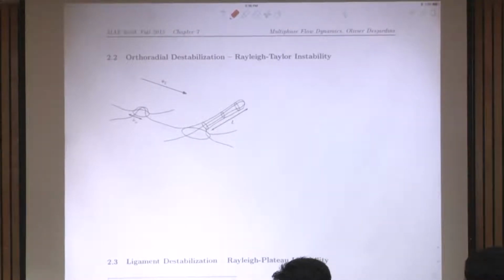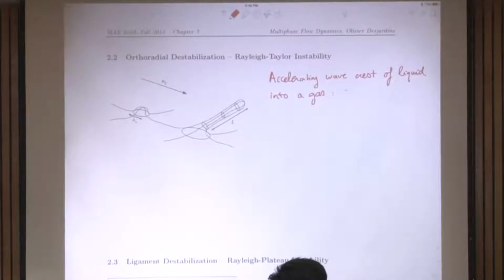You're accelerating a wave crest of liquid into a gas. This is subject to Rayleigh-Taylor instabilities.